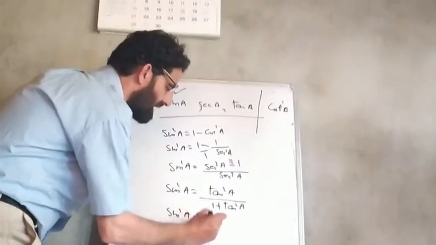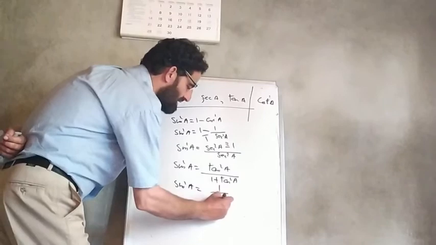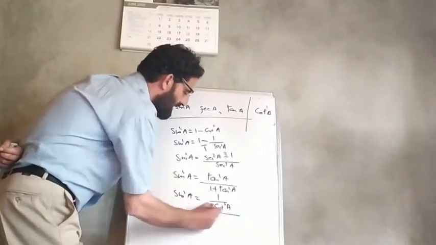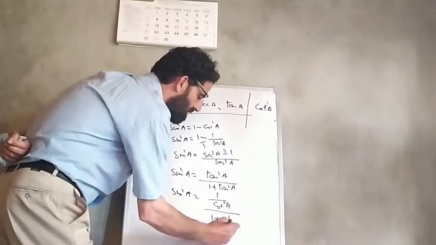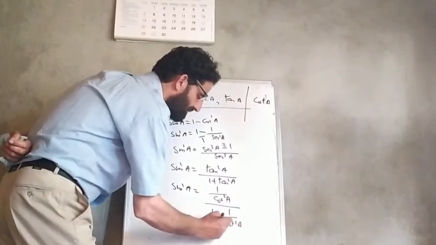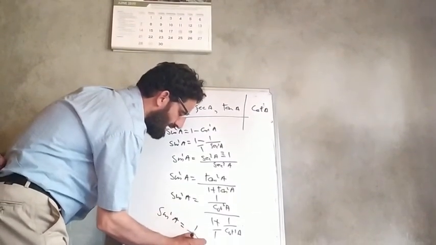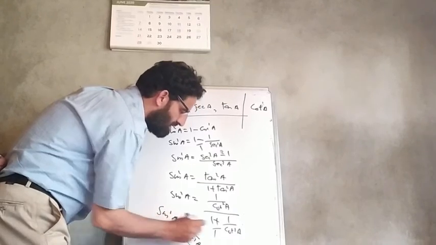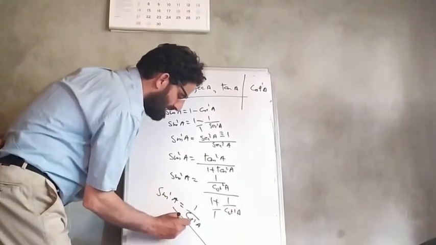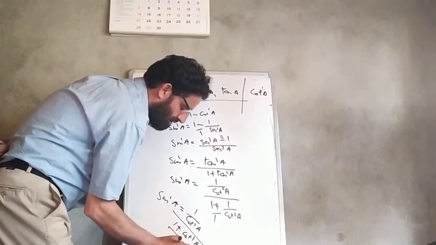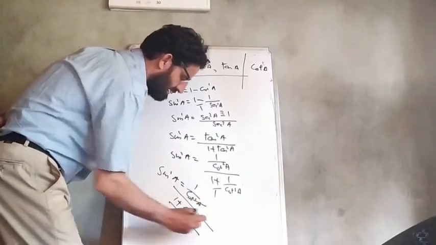So further you can write this sin square A is equivalent to, what is this tan? You can write as 1 divided by cot square A, so divided by 1 plus 1 divided by cot square A. Now we have sin square A is equivalent to 1 divided by cot square A whole divided by 1 plus cot square A divided by cot square A. This and this will get cancelled.